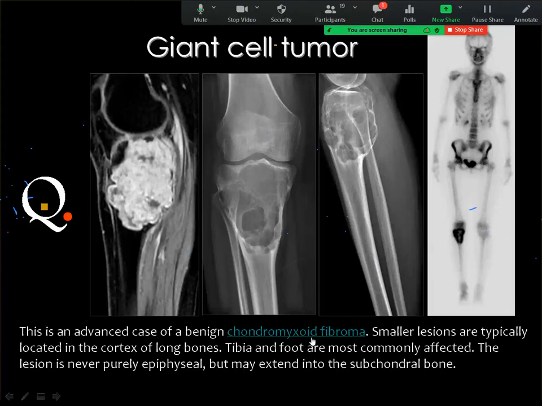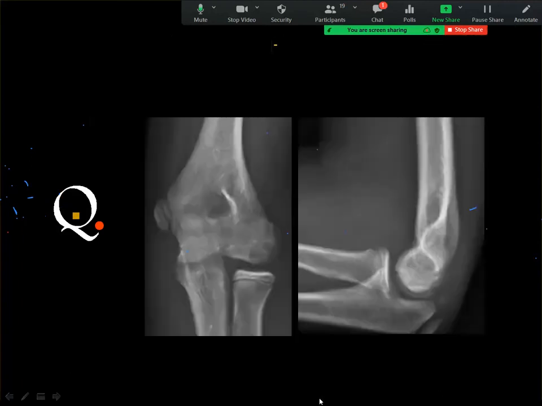You know that chondromyxoid fibroma is a benign lesion, while giant cell tumor is a locally malignant tumor, which may later turn into a malignant lesion. Next case.